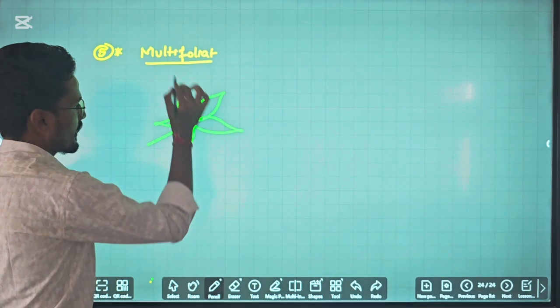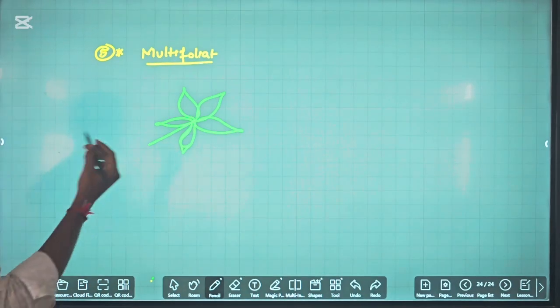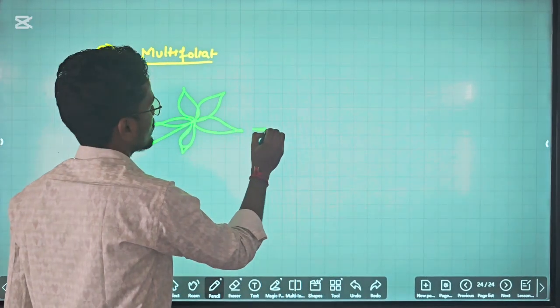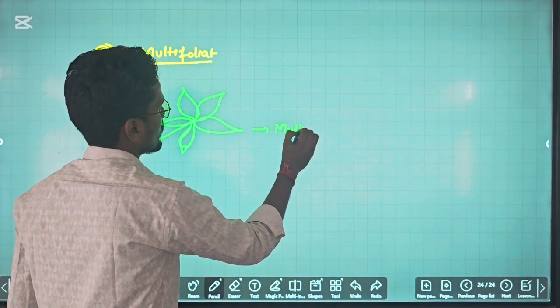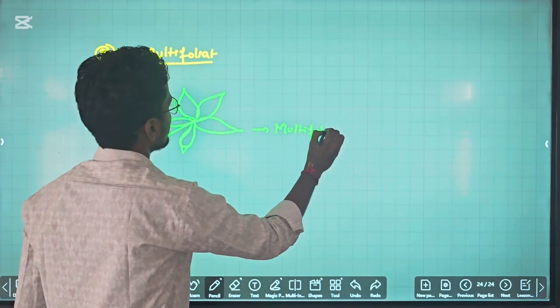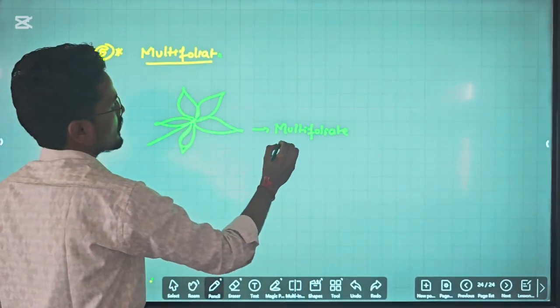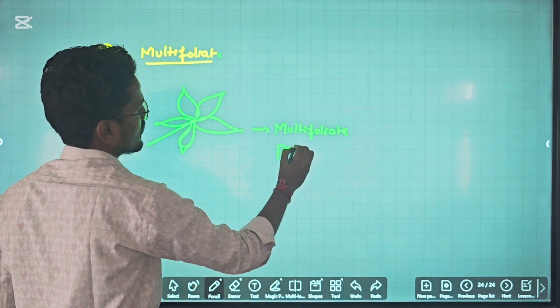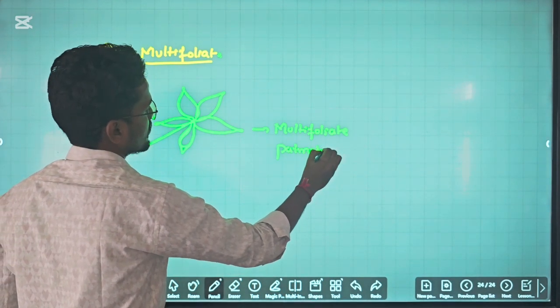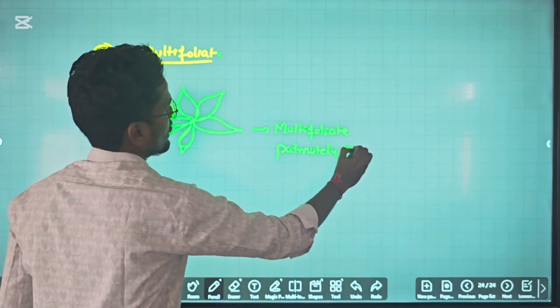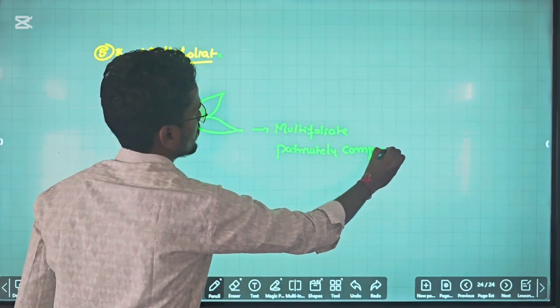That type of arrangement, that type of modification in a leaf, is called multifoliate palmately compound.